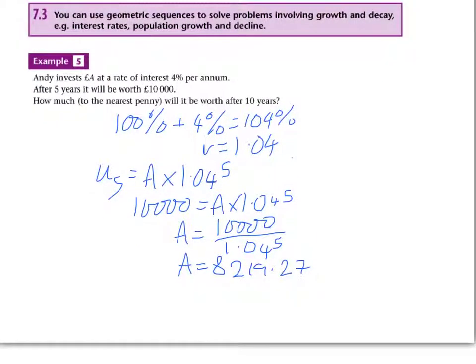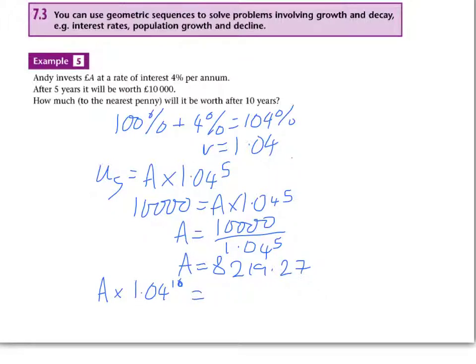Now for the next part, we need to work out how much this will be worth after 10 years. After 10 years, it's going to be the initial amount, which is a, so it's going to be 8219.27, and then we're going to multiply this by, leave this in the calculator, it's much easier, 1.04 to the power 10. It's 10, not 16.